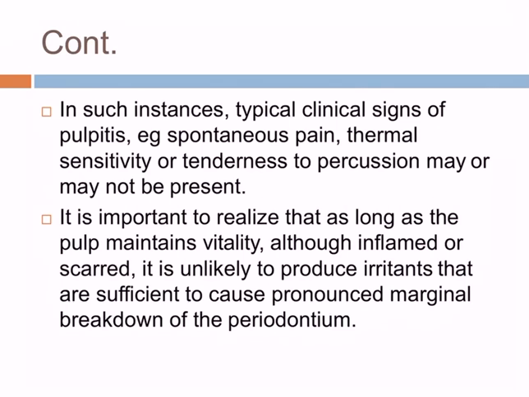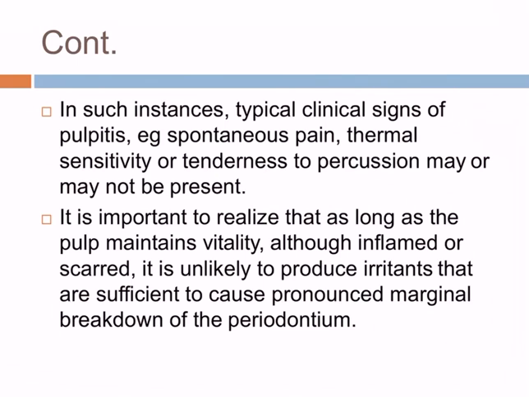It is important to realize that as long as the pulp maintains vitality, although inflamed or scarred, it is unlikely to produce irritants sufficient to cause pronounced marginal breakdown of the periodontium. What I want to tell you here is that first you should check your pulp vitality.